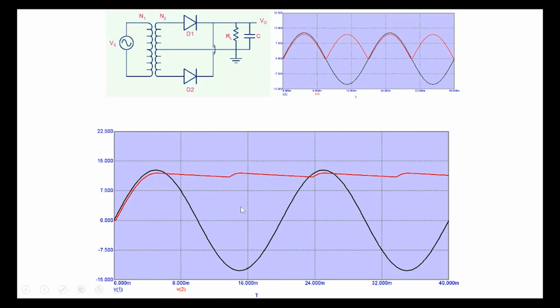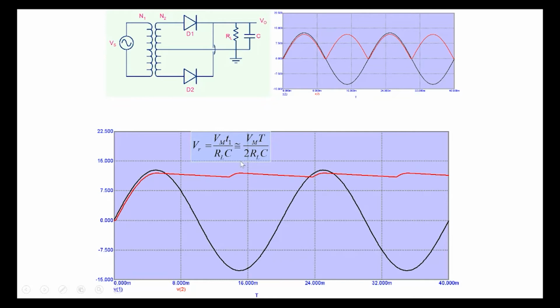So what we see here is that the capacitor is not discharging for the full period. The capacitor is only discharging for half the period, and therefore the ripple that we had derived, Vm T1 by RLC, where T1 was equal to the total time period, now T1 is nothing but T by 2.